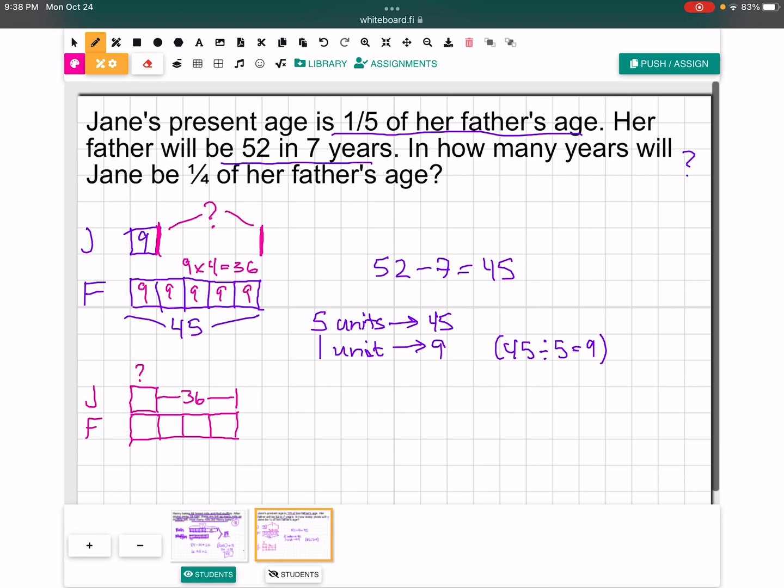Well, so now this becomes a little easier, because if you have 3 units are 36, then 1 unit is 12. I'm sorry. Forgive me. Let me go back. It's 36 divided by 3 is 12. Okay? So each one of these is 12.